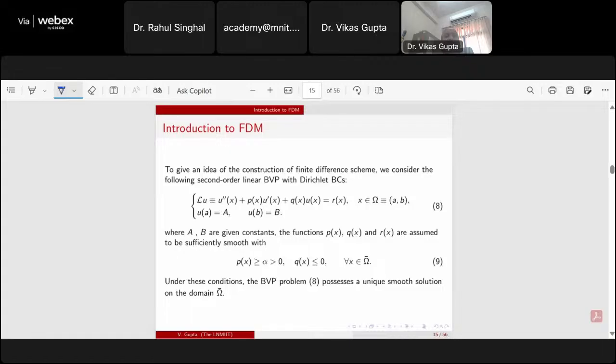So to give an idea of the construction of the finite difference scheme, we consider this simple second order boundary value problem with Dirichlet boundary conditions, which is defined in equation number 8.